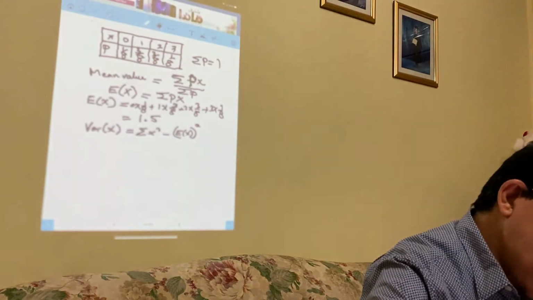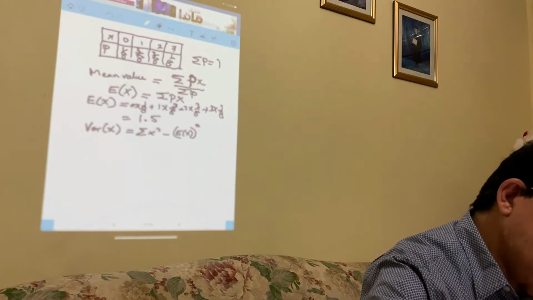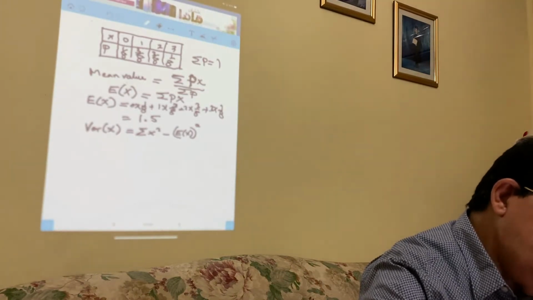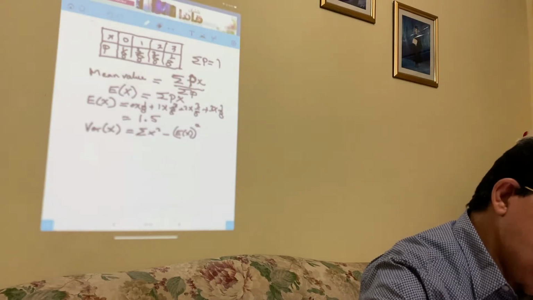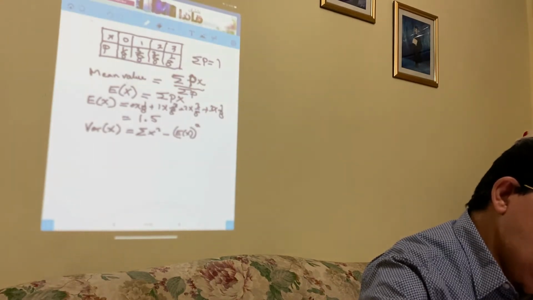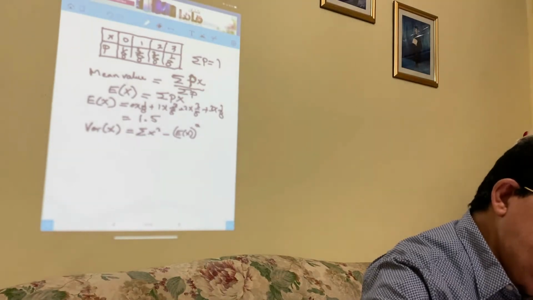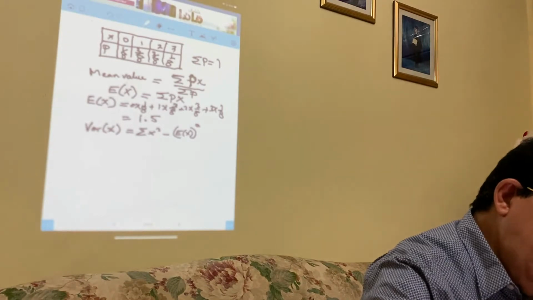Notice that it is supposed to be sigma x squared p.